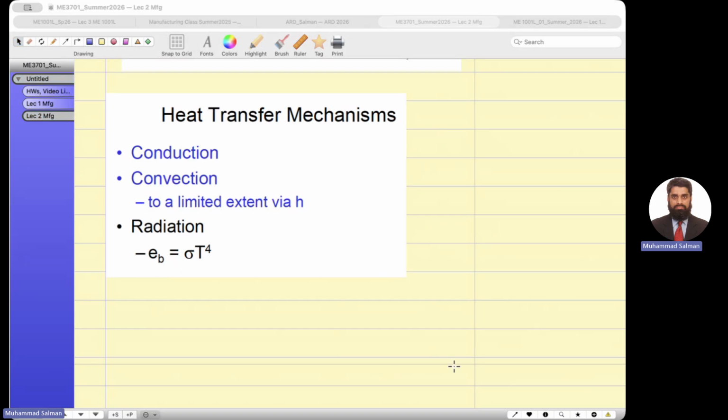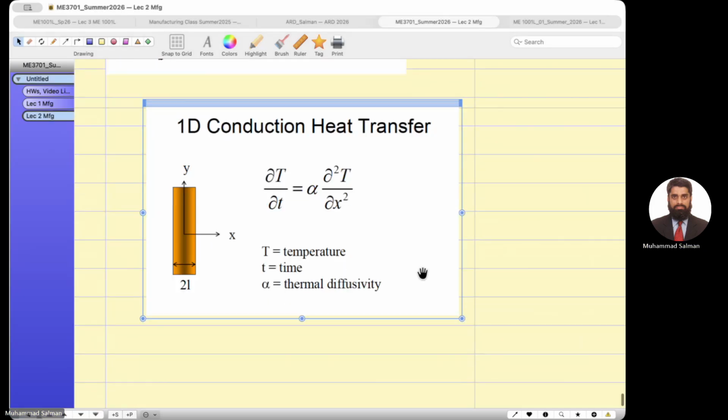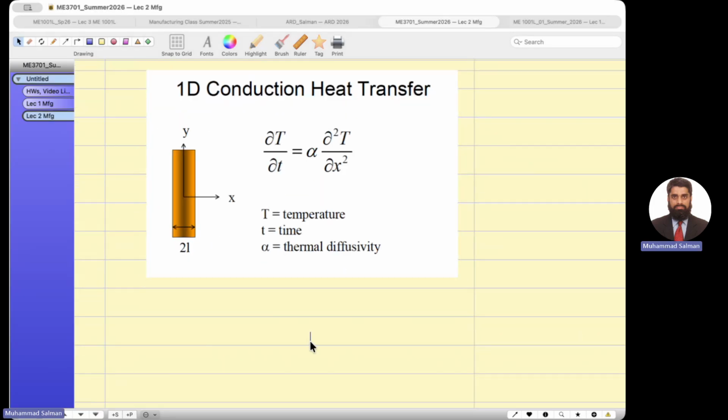And then 1D conduction heat transfer: T stands for temperature, small t stands for time, alpha is thermal diffusivity. Thermal diffusivity is another technical term related to thermal conductivity. If alpha is very, very small, it means an insulating mold.